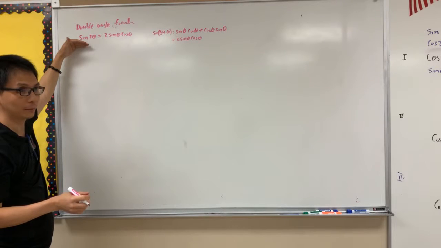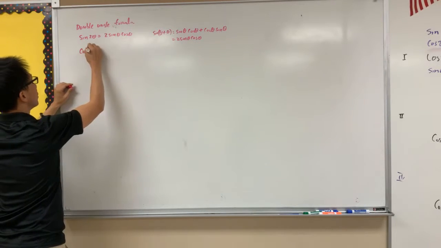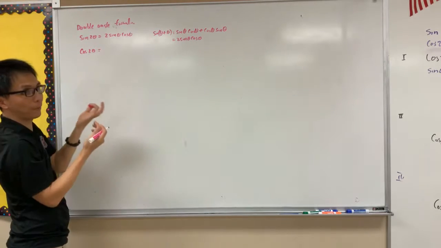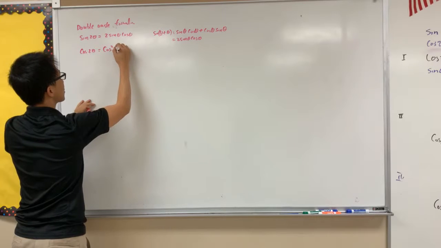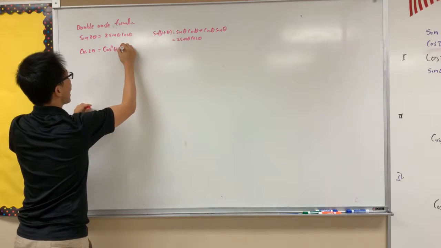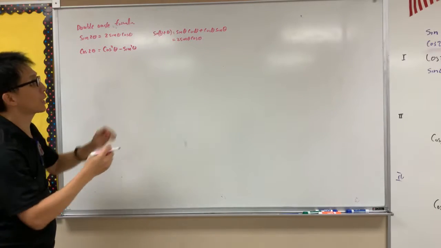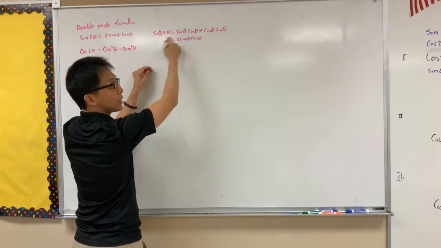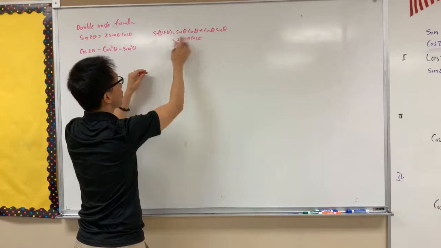Are we okay here? Cosine 2 theta is what? Well, we know the first one. If you did the quiz correctly, it's going to be cosine squared theta minus sine squared theta. Do you remember this? And this is the proof. Now, you don't need to know this on the side, but it helps because sometimes you don't memorize it.